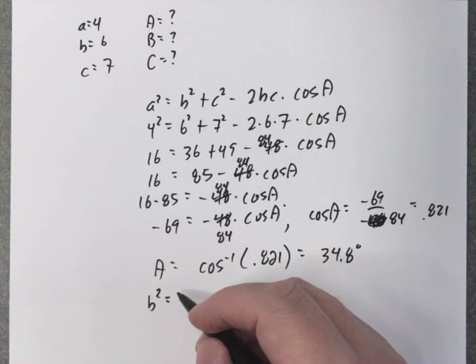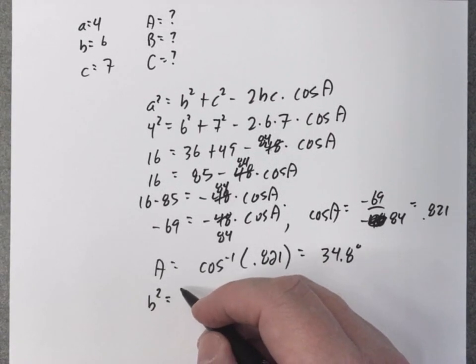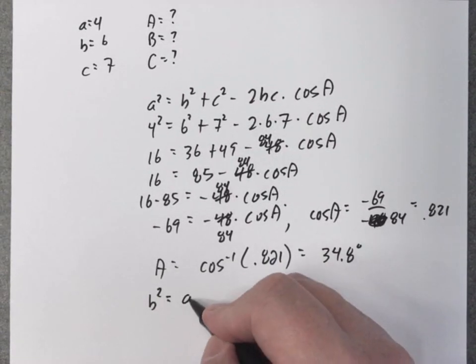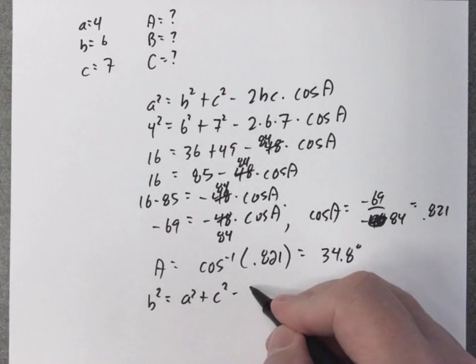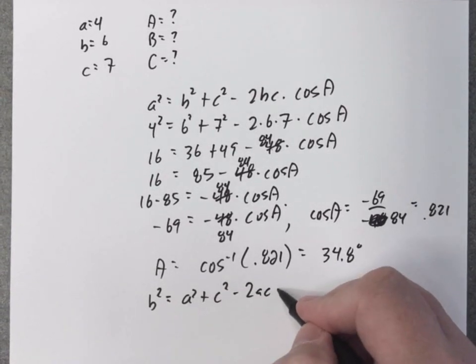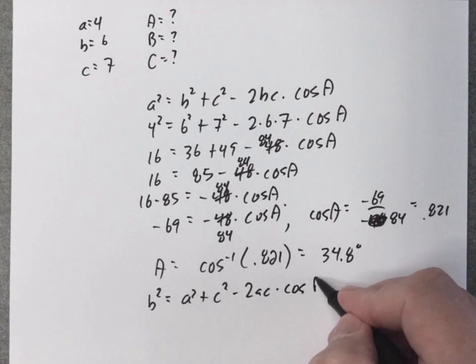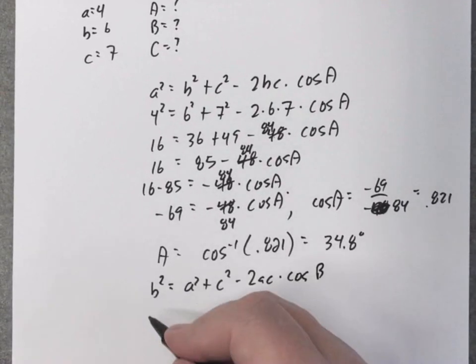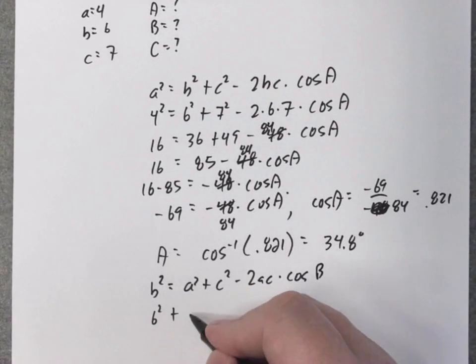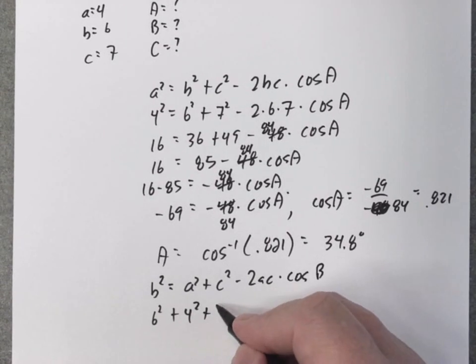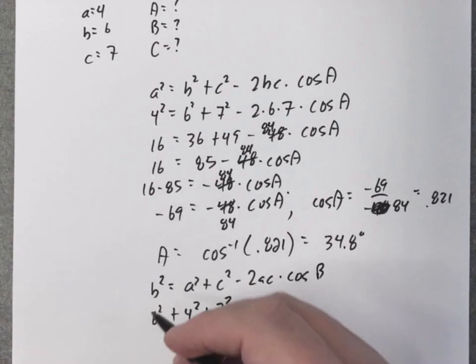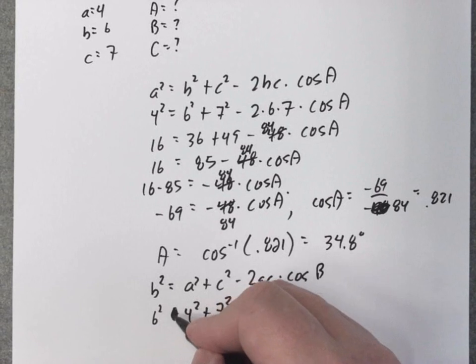So the second law of cosines, plug everything I know in. 6 squared equals 4 squared plus 7 squared. Wow, not being careful.